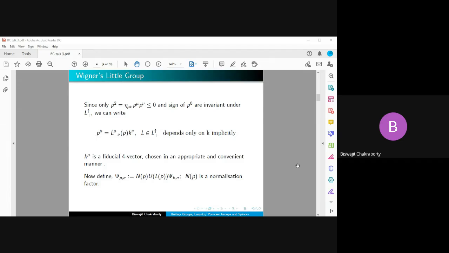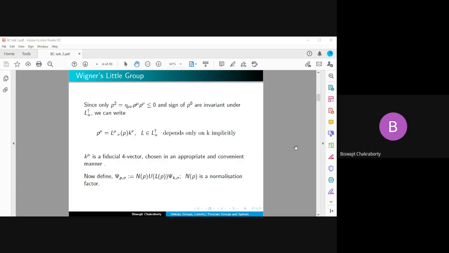You can now think of the one particle states: if the states are labeled by k, σ, ψ_{k,σ}, under the action of the unitary counterpart of this Lorentz transformation L, if you consider U(L_p), it will act on this one particle state and generate some momentum p for you, which will be labeled by p now.